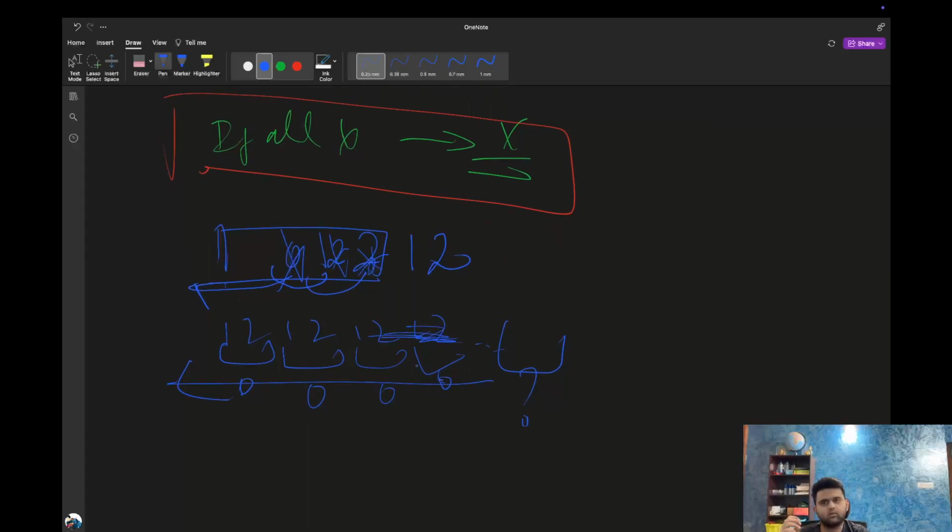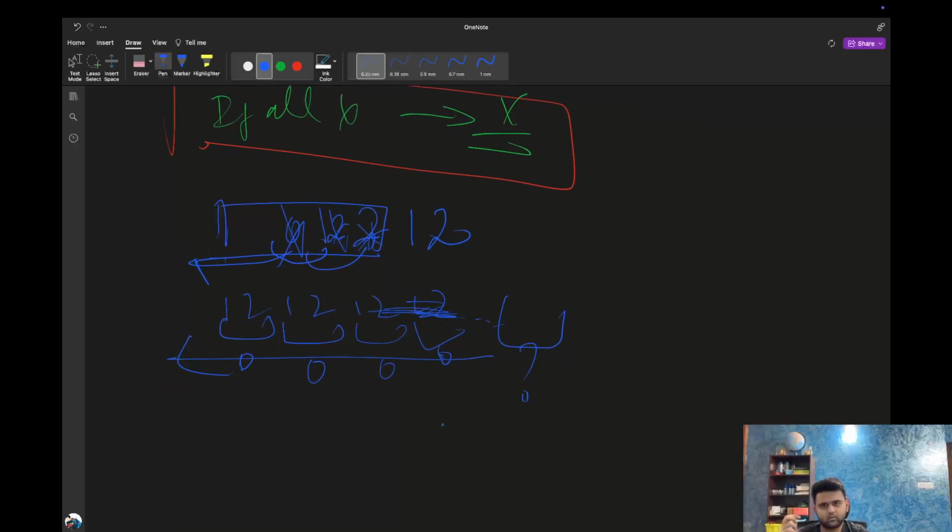Perfect. Now if it is 0, 2, then if it's 1, 0, 2, then I would delete this 0 and keep this.